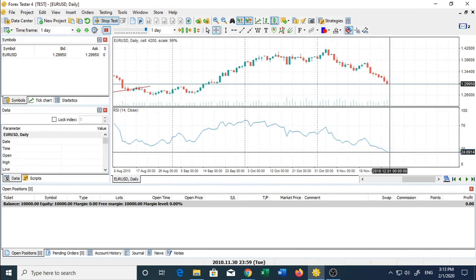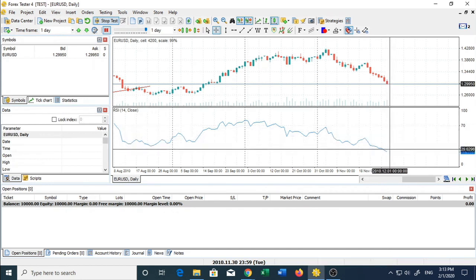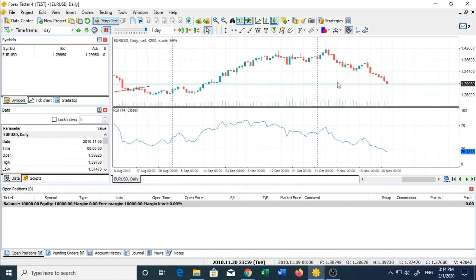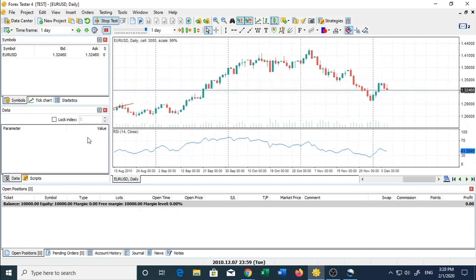Okay, so right now, this is a chart from 2010. The RSI for the Euro-Dollar is in the oversold region. And let's see if the RSI is on point with what it indicates. All right. As you can see, the RSI was able to tell us that this downtrend is starting to lose its momentum.